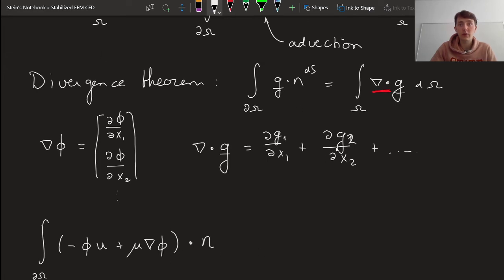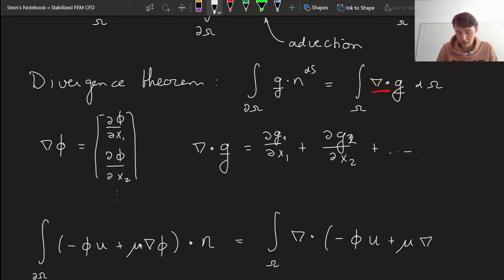So this I can replace by an integral over the volume of the divergence of this quantity. Yeah? So this is going to be identical to an integral over the volume of omega of the divergence of minus phi u plus mu gradient phi.